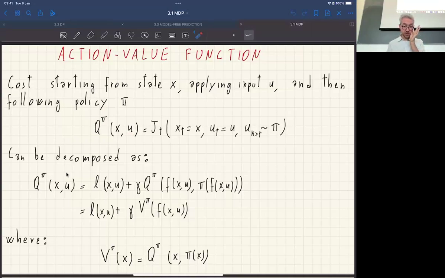Similar to the value function, the Q function can be written in a recursive way, where you define Q as a function of Q itself, which is going to come in useful later for defining learning algorithms.